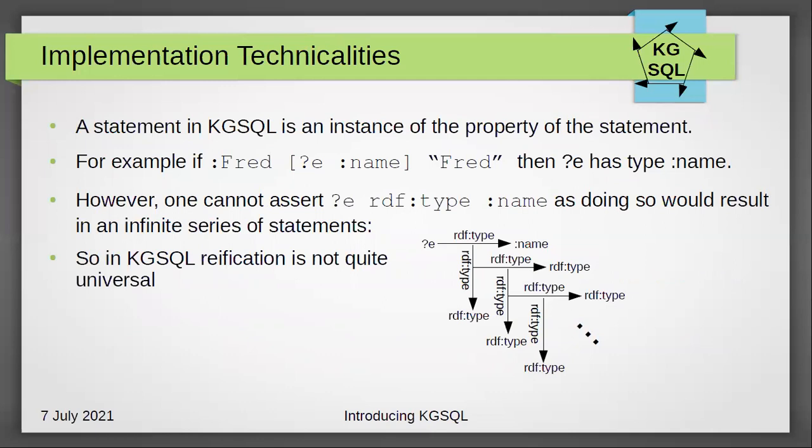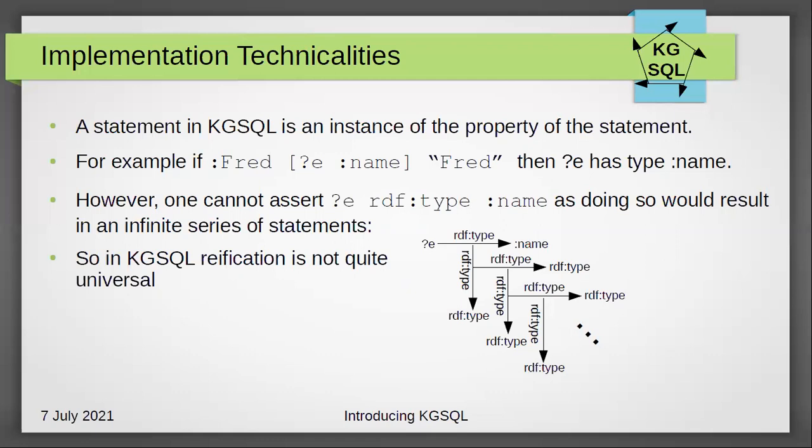Okay, now there is a little technicality I thought I'd mention, and that is that a statement is an instance of the property. For example, given that Fred has name Fred, the statement has type name.